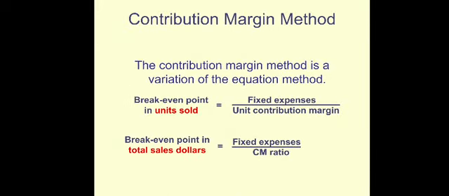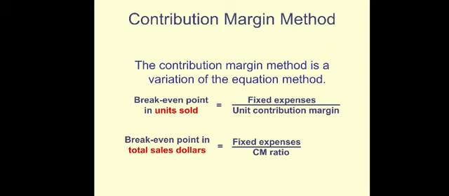The third method is called the contribution margin method. I think this method is easier because you just have to memorize the formula. See here. To calculate the break-even point in terms of quantity, the formula is fixed expenses divided by unit contribution margin.